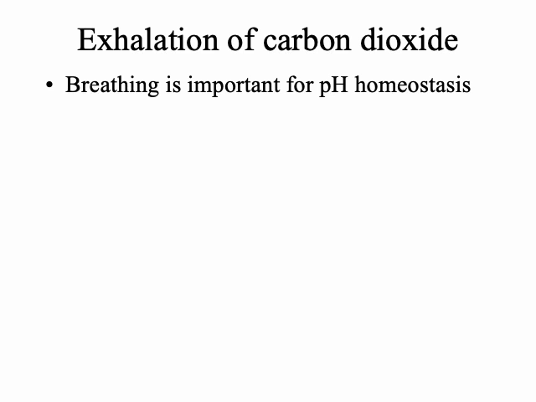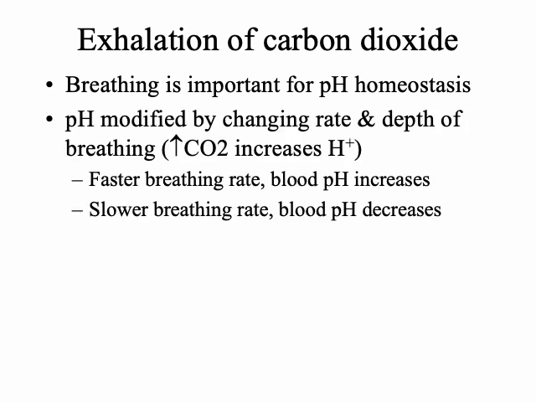So exhalation here is the most important. And there are times when you might modify your rate of breathing depending on what your blood pH chemistry is. And remember, pH numbers that are lower are acidic. pH numbers that are above 7 are alkaline.